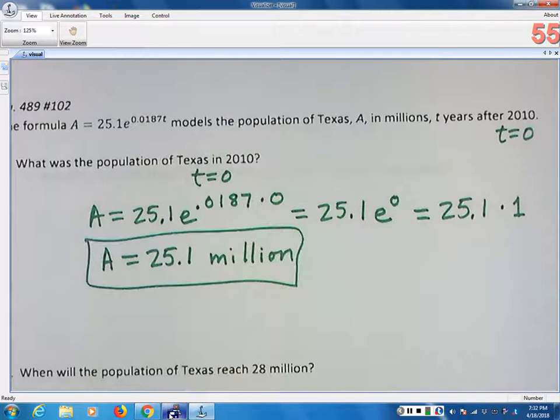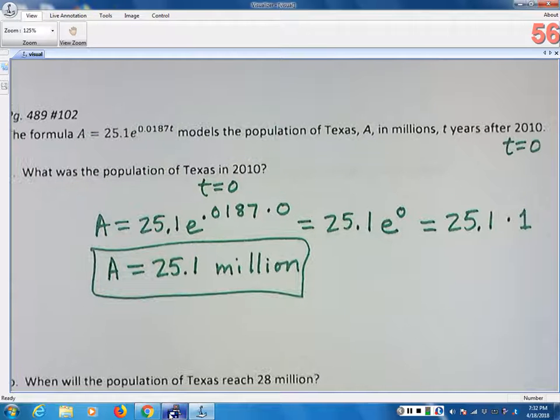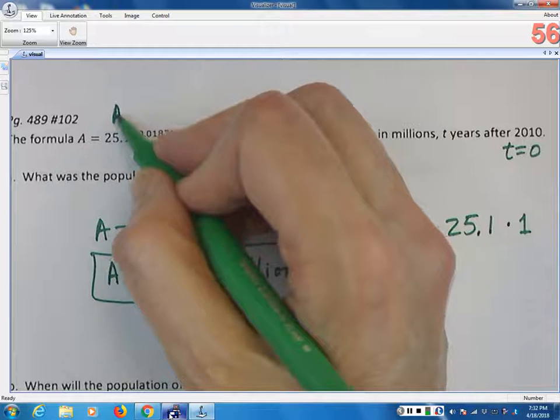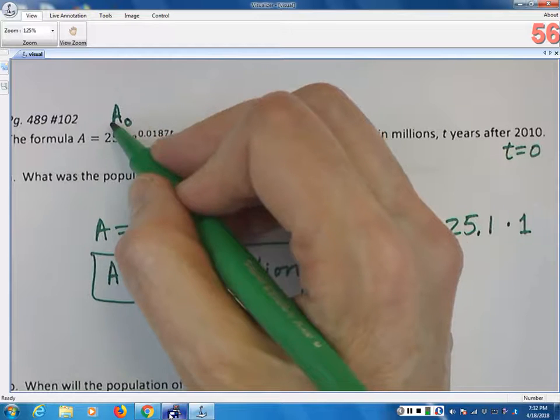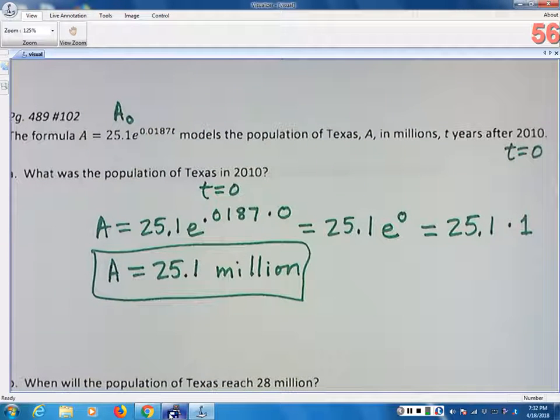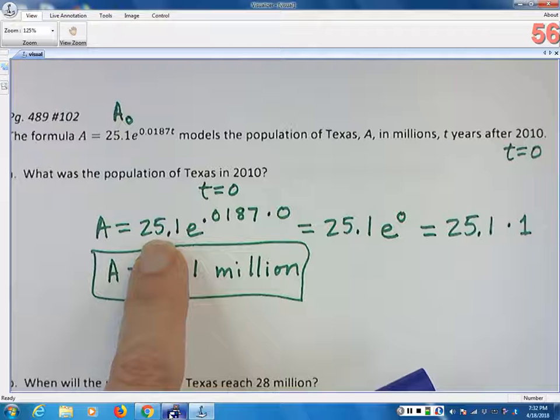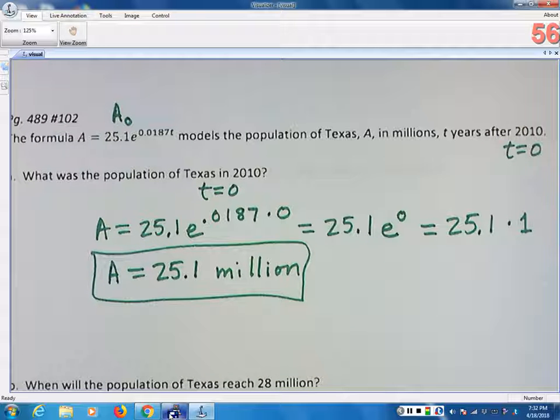And the reason that's the answer is that this is the initial amount, which in the next section is represented by A subscript 0, the initial amount. And plugging in 0 on this kind of equation will always get you this number. You could put it in your calculator, but you don't need to on here.